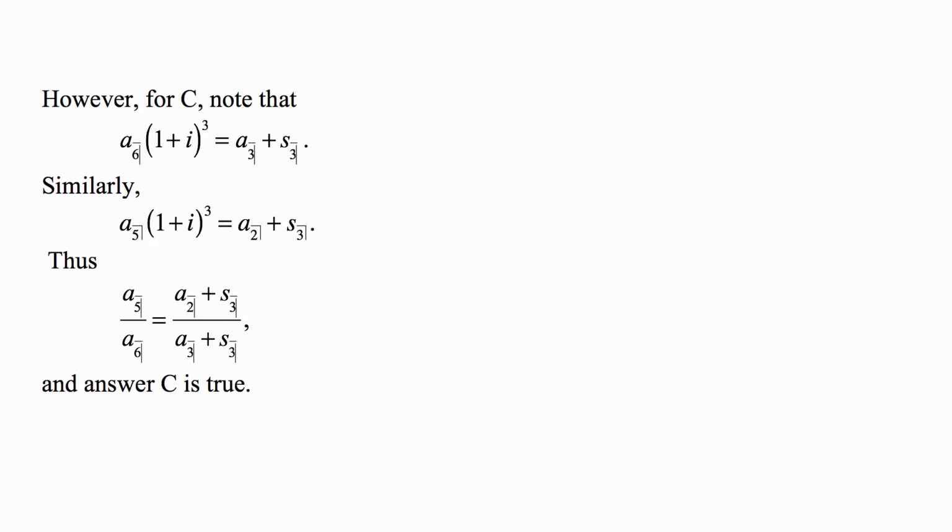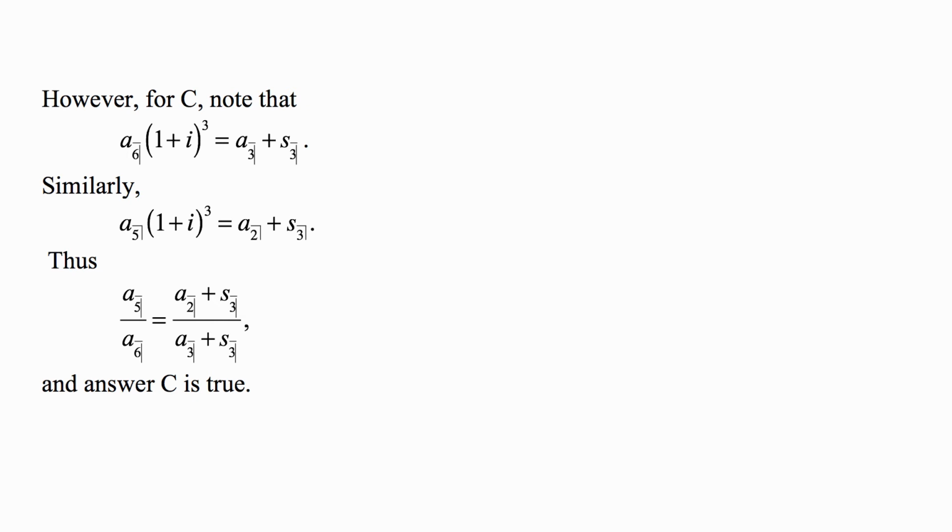However, for C, let us note that if we multiply a angle 6 by (1 plus i) cubed, that's equal to a angle 3 plus s angle 3, because there are six payments, now valued at time 3, and there are 3 of them from the past accumulated to time 3, and 3 of them in the future.